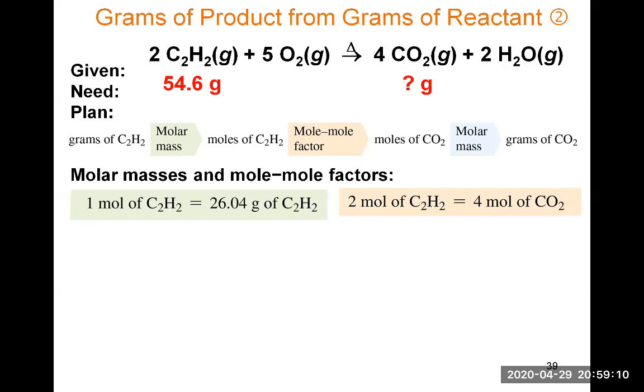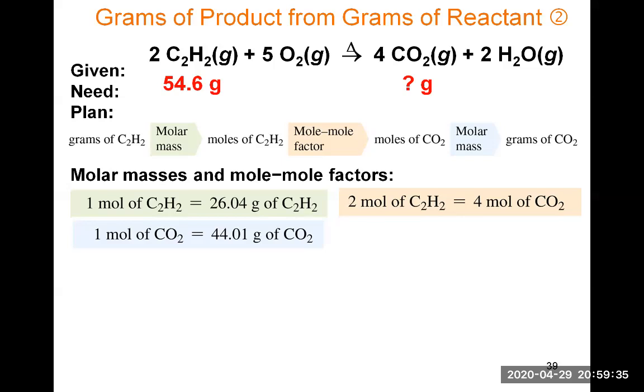And after that, we can then convert the moles of carbon dioxide to grams using the molar mass of CO2. CO2 is 1 carbon, 12.01 grams, plus 2 times 16.00 grams of oxygen. And that's a molar mass of 44.01 grams for CO2.